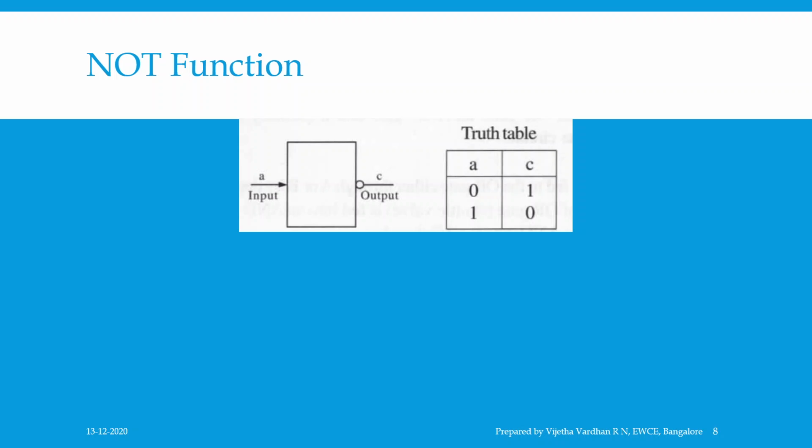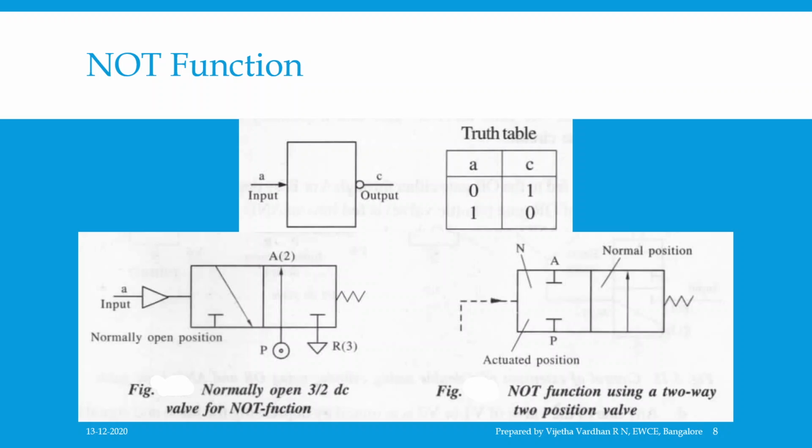If the signal 1 is true for input A, then the signal value 0 is true for output C. That is, the equation could be written as C is equal to A bar, read as C equals A not. A NOT function in pneumatics can be obtained by using a 3 by 2 normally open position direction control valve.